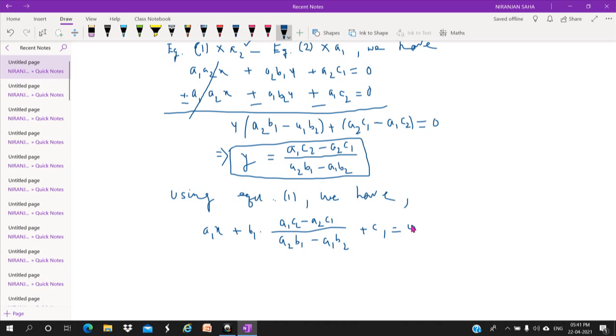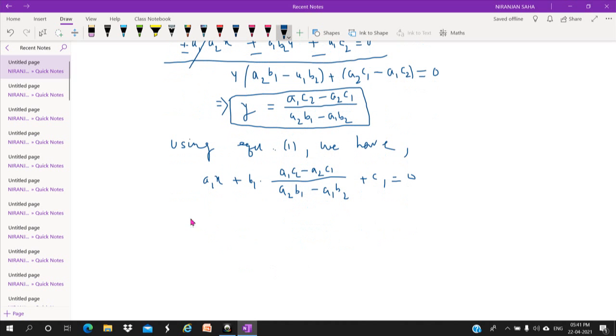So we simplify this equation. We get a1 x, and here we solve these two terms.